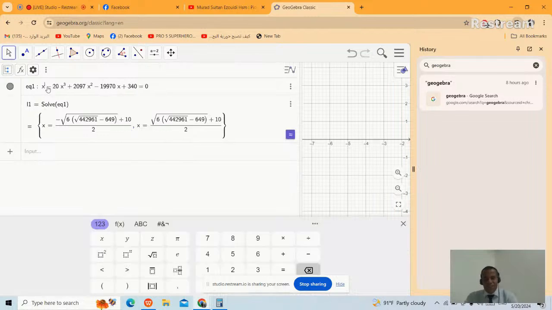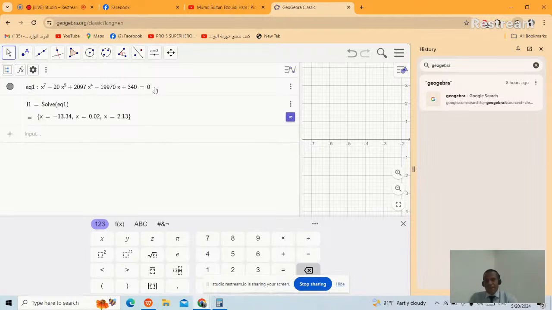For example, x to the 7, minus 20 x to the 5, plus, I just suppose this is 4, plus x, equals 0, of course.